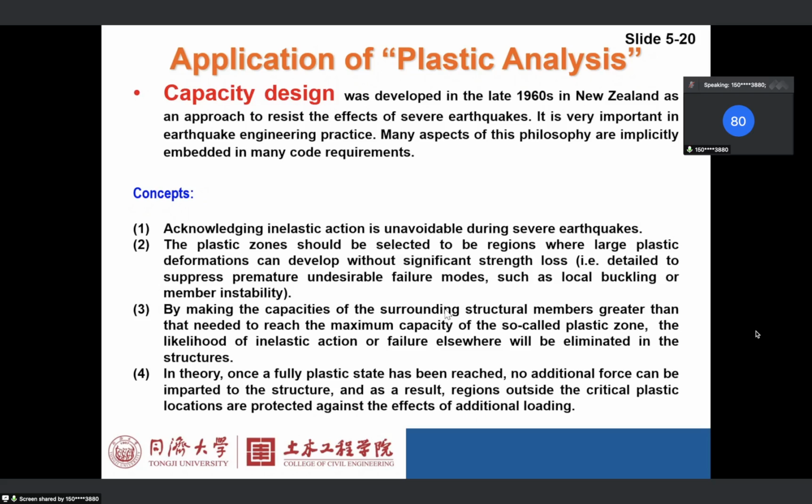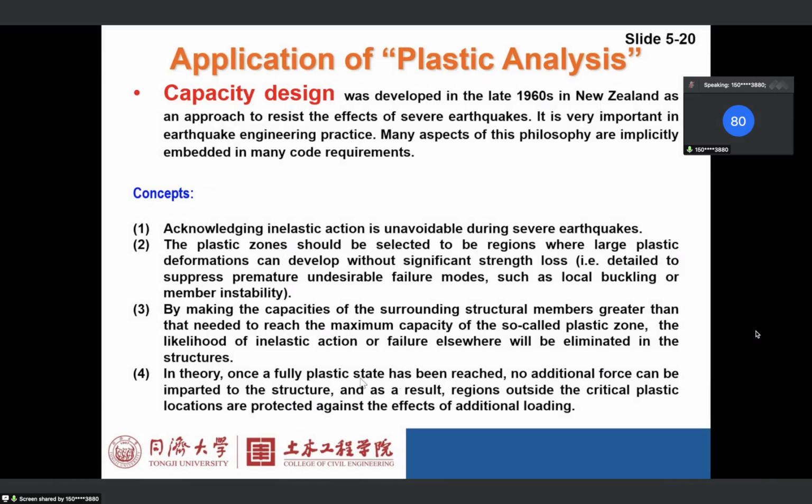By making the capacities of the surrounding structural members greater than that needed to reach the maximum capacity of the so-called plastic zone, the likelihood of inelastic action or failure elsewhere will be eliminated. Basically, we try to create fuses, making these weak locations experience plastic hinges first in order to dissipate energy, so the whole system could stay and not collapse. This is the main design principle.